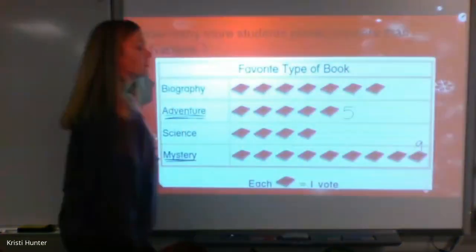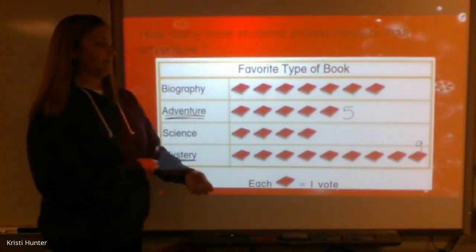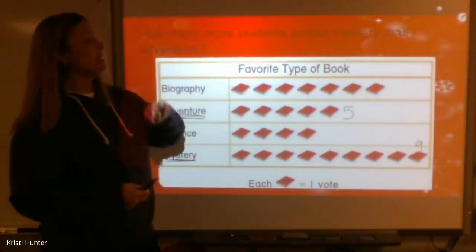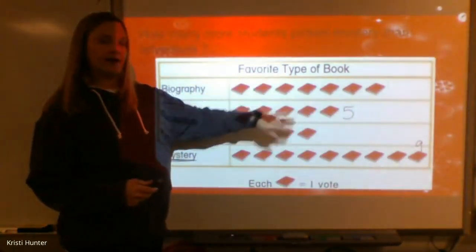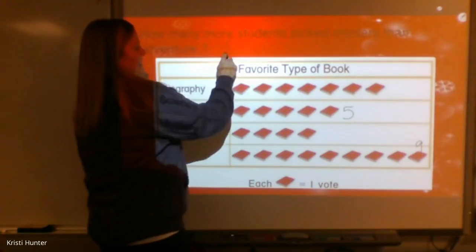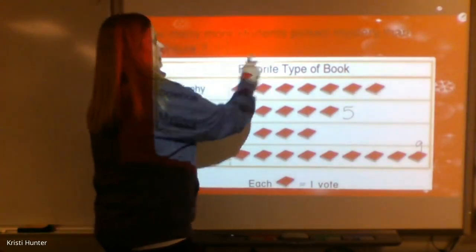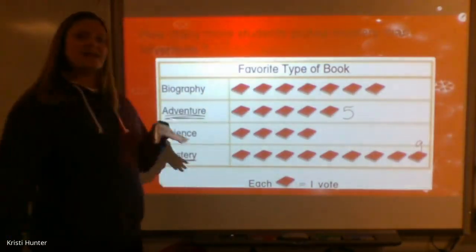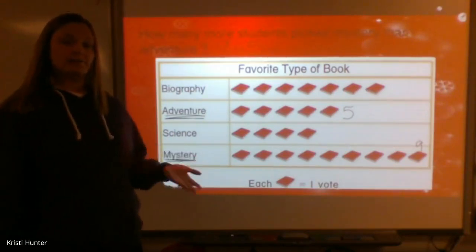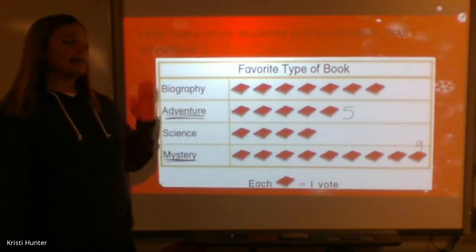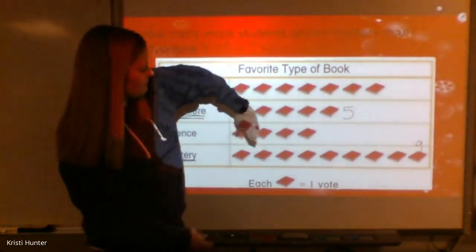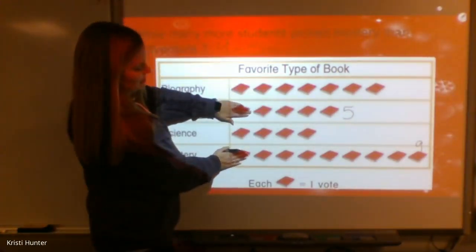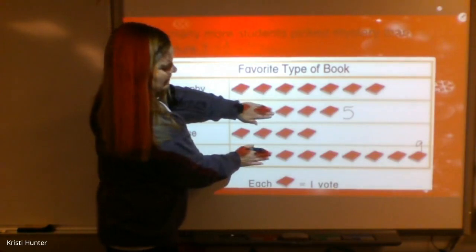So I can turn these into a subtraction problem, because I want to know how many more 9 is than 5. So I can do 9 minus 5 to find my answer. Now, if that's a fact I'm not very comfortable with, then I can find another way to do it, and that is to match up my pictures. These are the same.